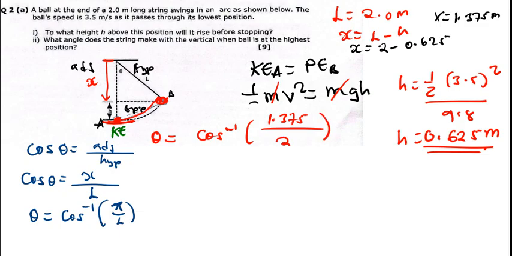So let's see what our theta will be. Shift, then cos, open brackets, 1.375, then I divide this by 2.